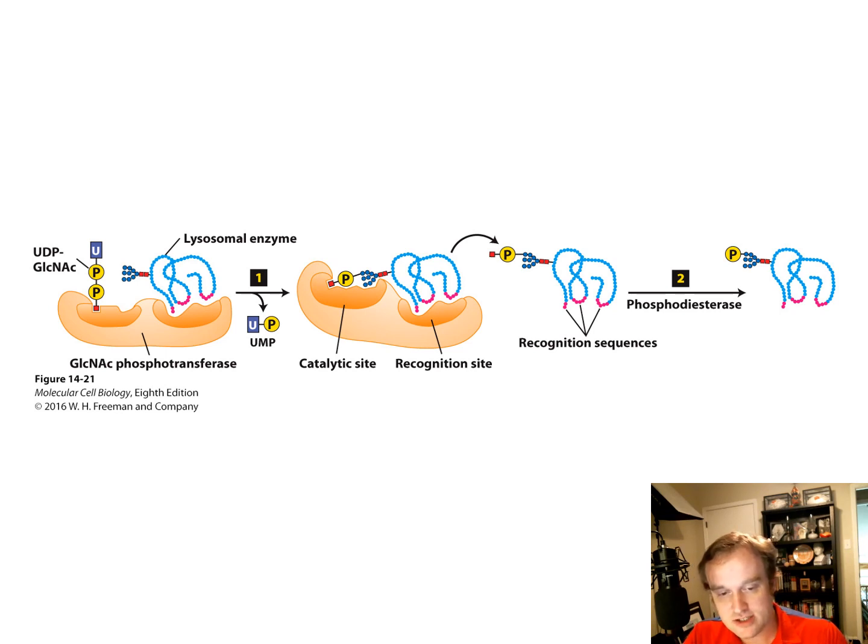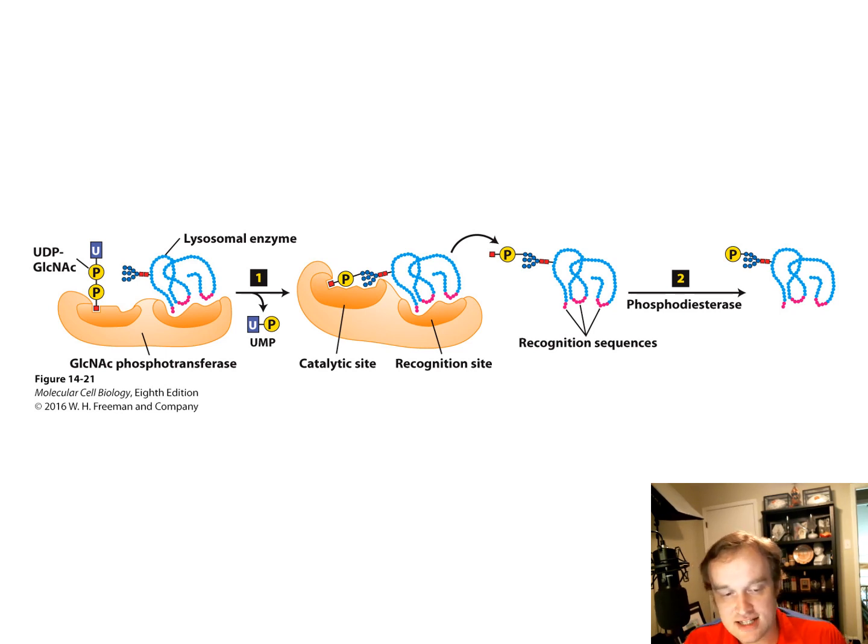And the way this works is when a lysosomal enzyme is synthesized, a M6P or mannose 6-phosphate residue is added. And this is done by two cis-Golgi resident enzymes. So these are enzymes in the cis-Golgi part of the Golgi apparatus.